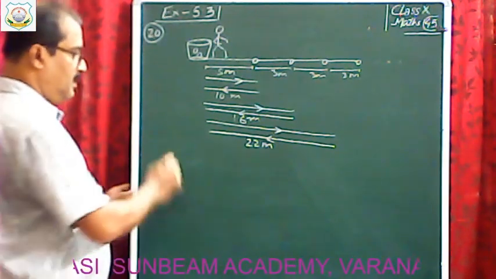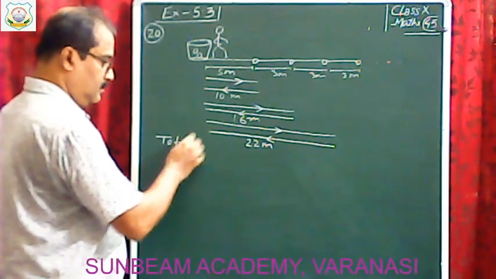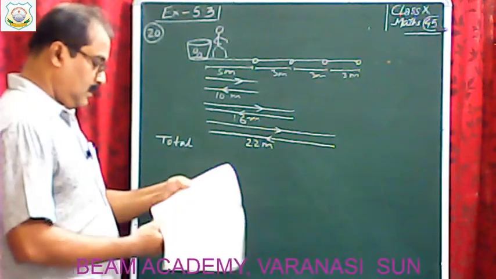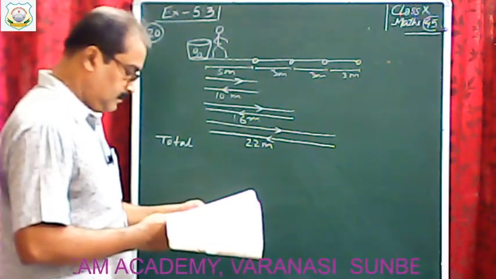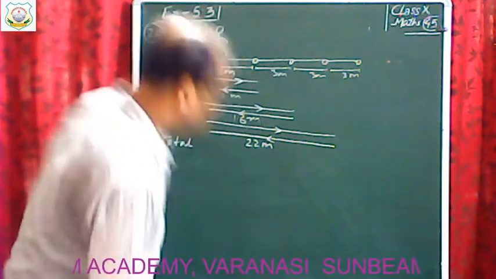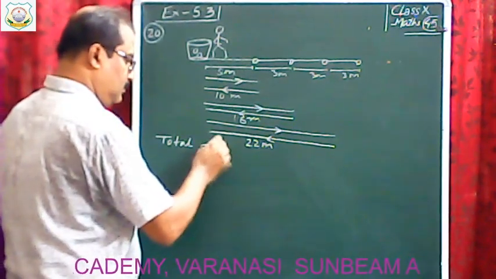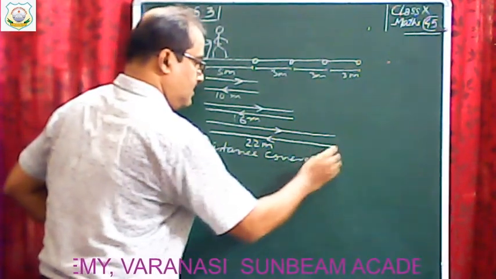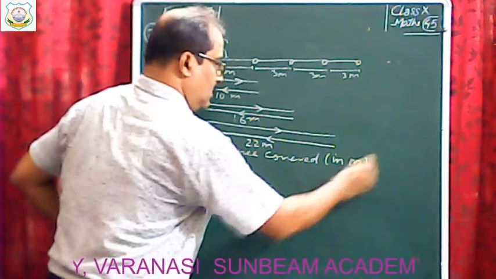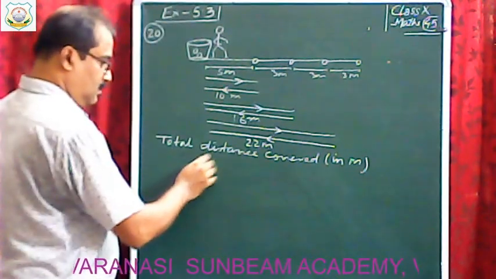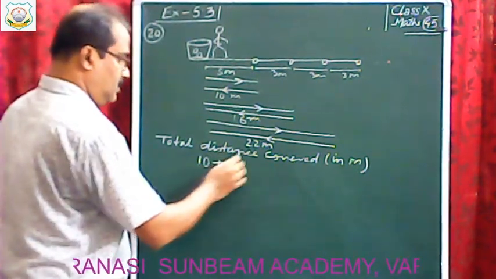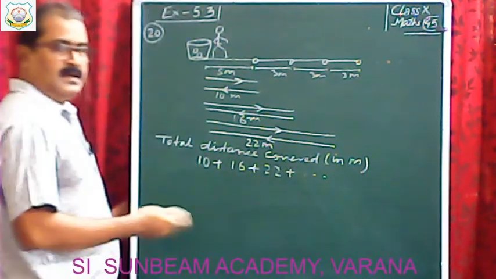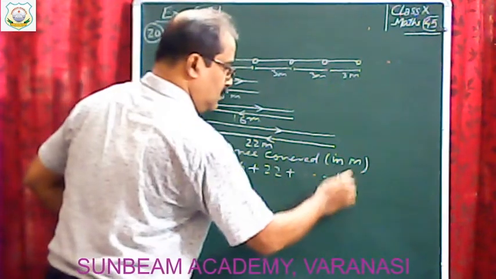So write it this way: total distance covered in meters is 10 plus 16 plus 22 plus, and how many terms are there? 10 potatoes are there, so 10 terms.